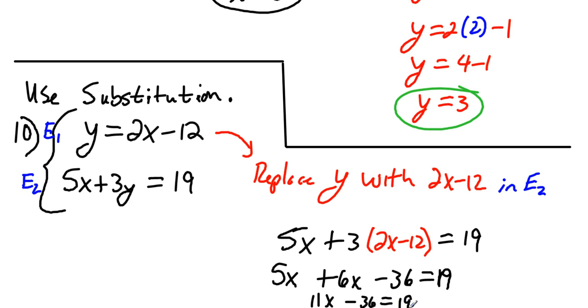I'm right up against the hard break on the page here. If you add the 36 back over, you get 11x equals 55. Divide those two, you get x equals 5.